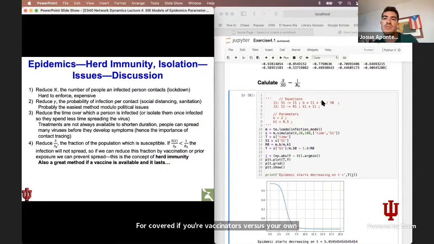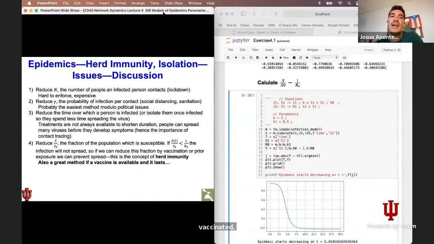I think there was some data discussed yesterday. So the question is, if you are unvaccinated, how many times more likely are you to be hospitalized or to get infected by COVID than if you are vaccinated?